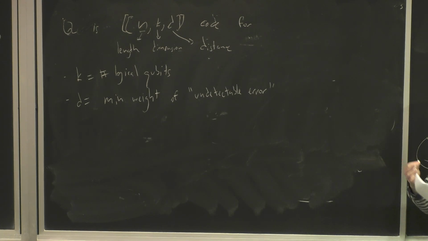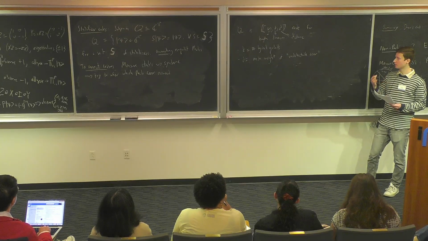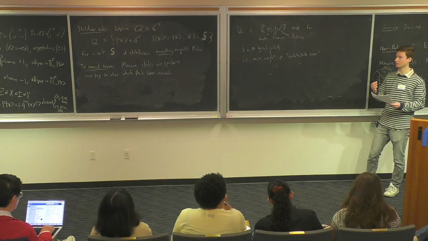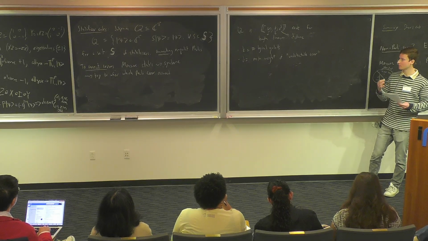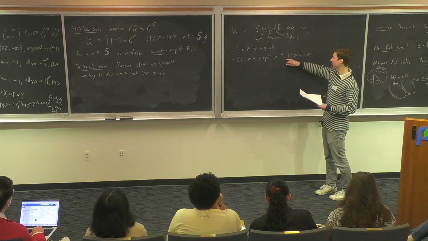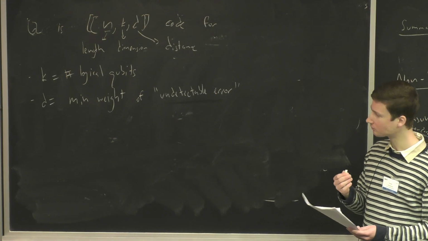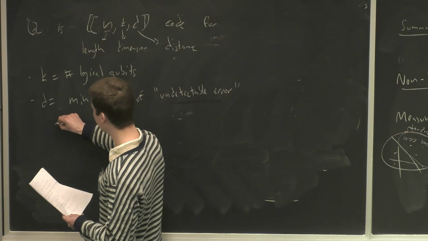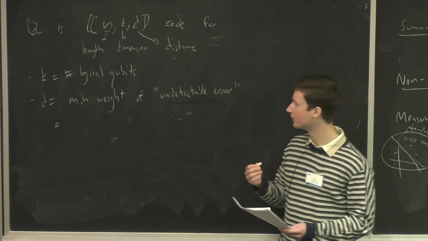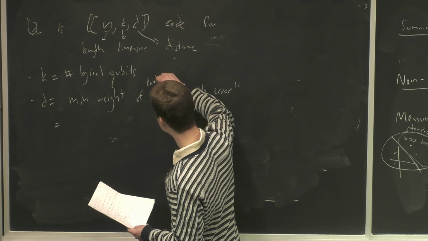So the distance is essentially the minimum number of qubits that we need to act on with some operator, such that after applying this operator, we've mapped our code state to a different code state. But since the resulting thing is still a code state, our syndrome measurements won't pick up on it. So it's the minimum number of qubits we need to corrupt to change our underlying code state without being able to detect this error with syndrome measurements. And it turns out that by this reasoning that we can always collapse errors to Pauli errors, it suffices to look at Pauli errors when computing the distance.